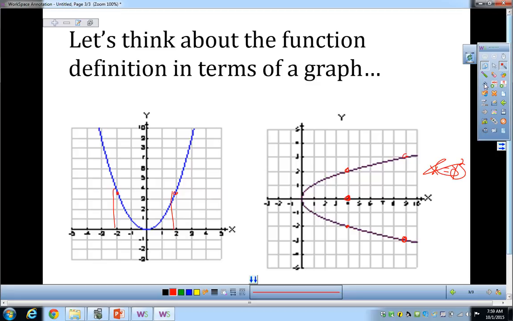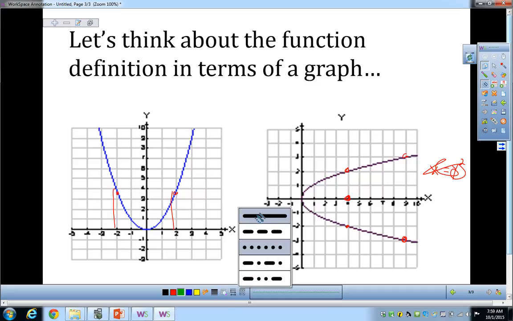Okay? So, in order for a function to be a function, it has to pass something called the vertical line test. Okay? Have you heard of that? If you take a line and you draw it, and if that line, that's not a very good line. Let's make my line thicker, okay? I can make it a not dotted line.